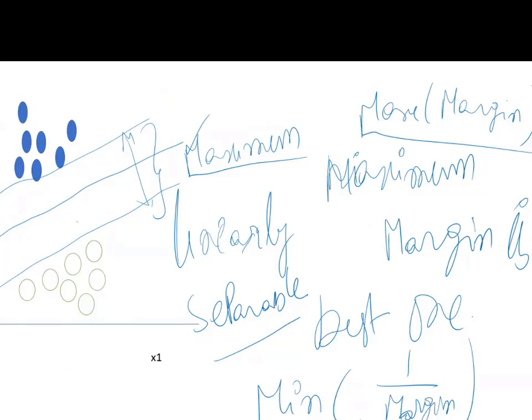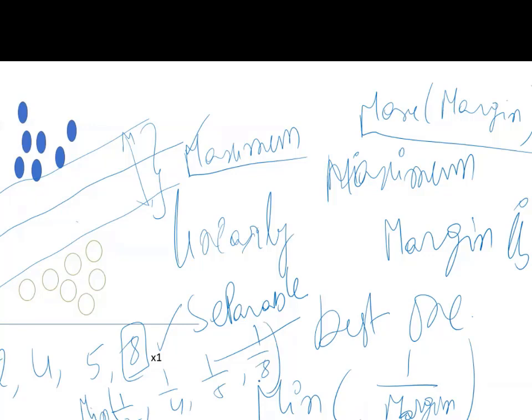See, for example, you take the distances as 2, 4, 5, 8. Now, maximum is 8. What is 1 by 2? What is 1 by 4? 1 by 5? And 1 by 8? If I say min of 1 by 2 through 1 by 8, both are almost the same. Even if you say max of 2, 4, 5, 8 or min of 1 by 2, 1 by 4, 1 by 5, 1 by 8, both are similar.